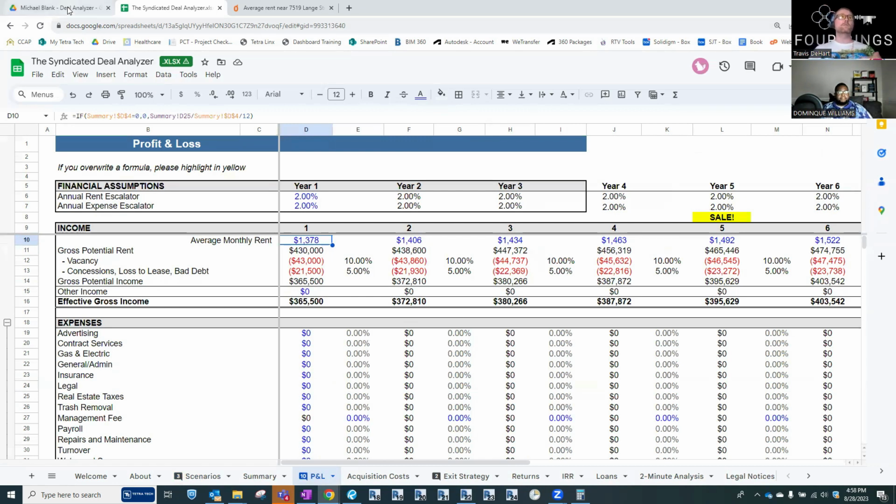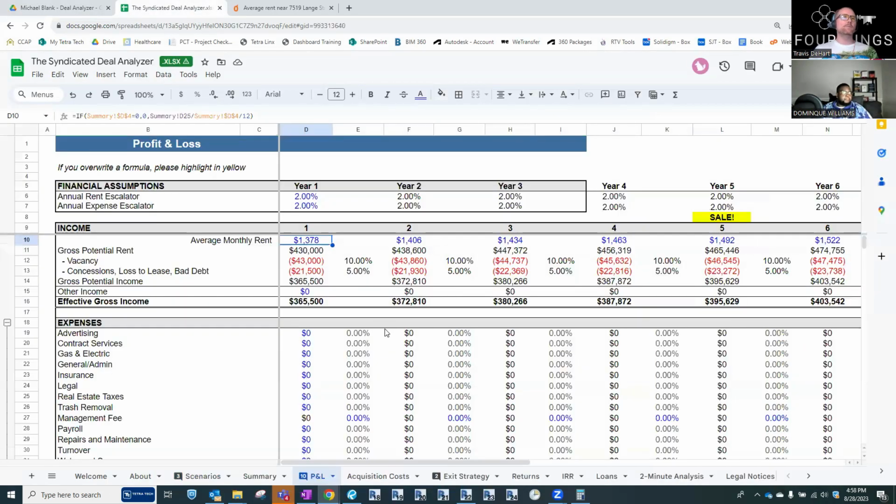And on this particular deal that Michael went through, there wasn't any room for that value add. The owner had gone through and already done significant upgrades to the property at that time.